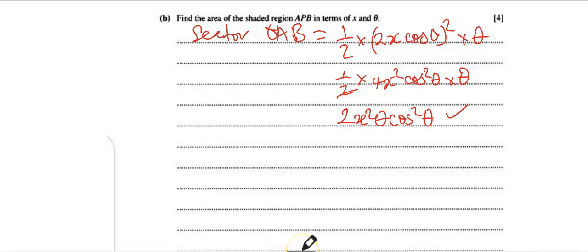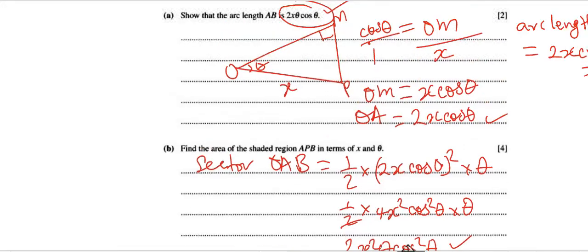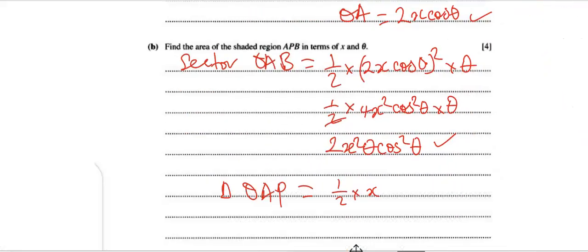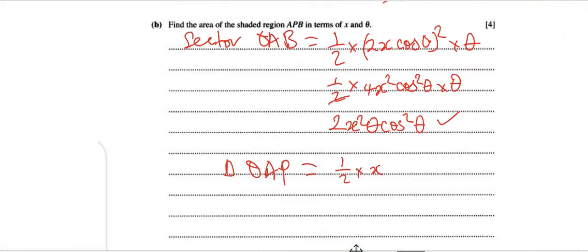The area of this triangle OAP will be equal to a half multiplied by x, because one side of it is x. We can see x on this side. We know the formula for a triangle is a half base and height.